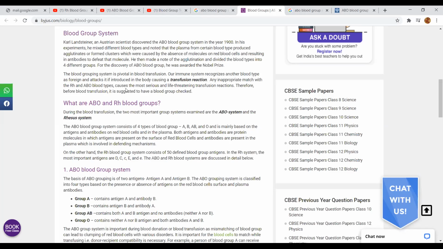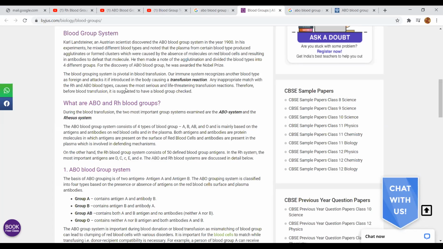Are you understanding what it means? I'm saying that antibodies are for yourself: if a blood group which is not compatible for you is entering your body, that is an antigen. The antibody present in your blood will fight against the antigen present in that other blood group.